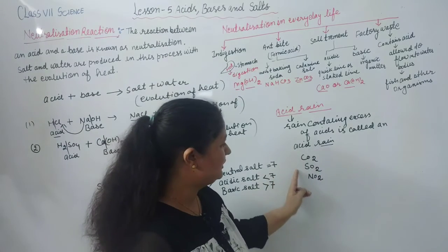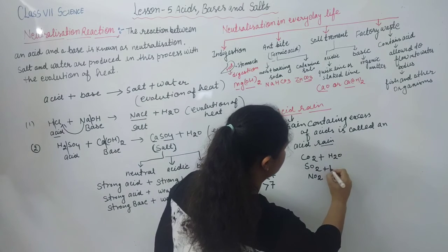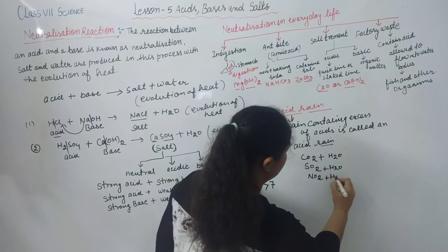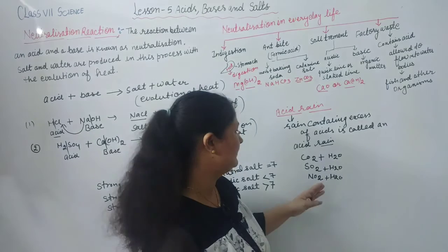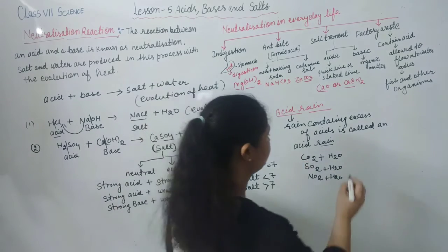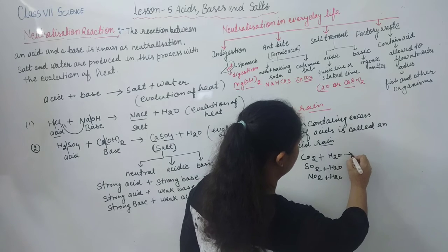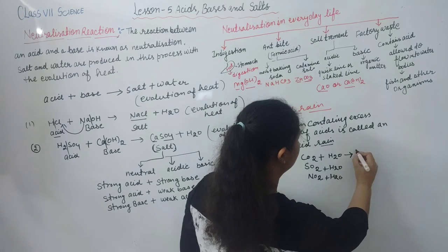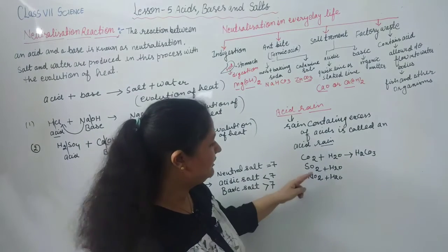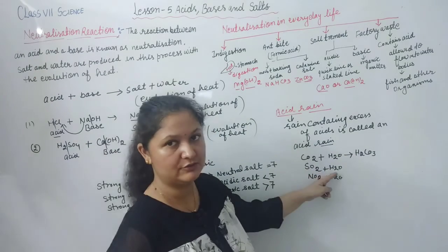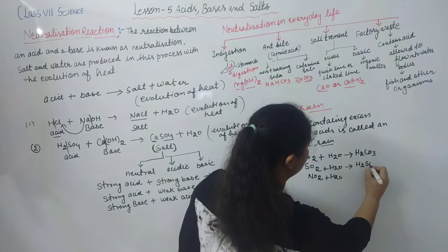And when these pollutants dissolve in water, right, they form acids. For example, when carbon dioxide dissolves in water, it forms carbonic acid, and when sulfur dioxide dissolves in water, it forms sulfuric acid.